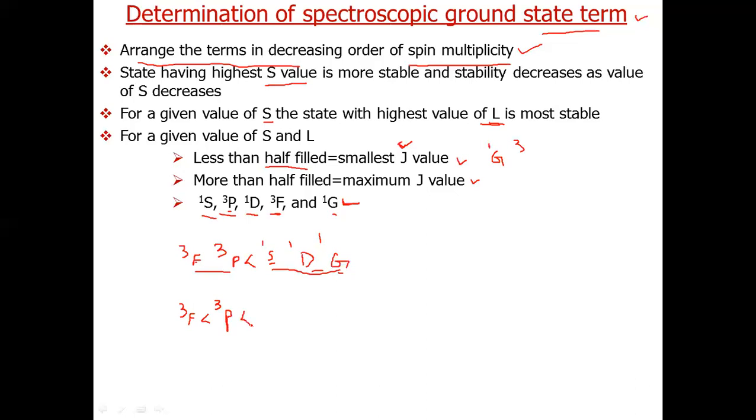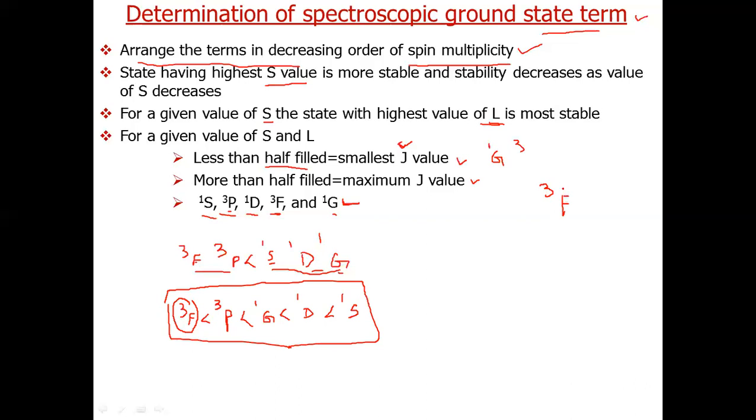Now all the singlets have the same values of S. So 1G has the highest value of L, then 1D, then 1S. This is the correct order of energy of these 5 term states. The state with the lowest energy is 3F, so we call 3F the ground state term for the D2 system.